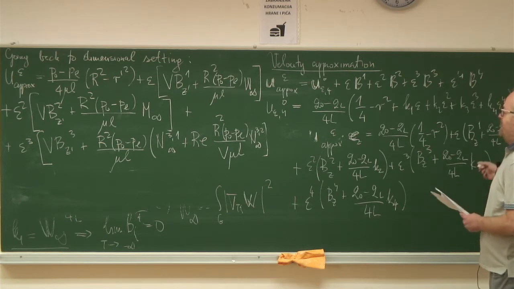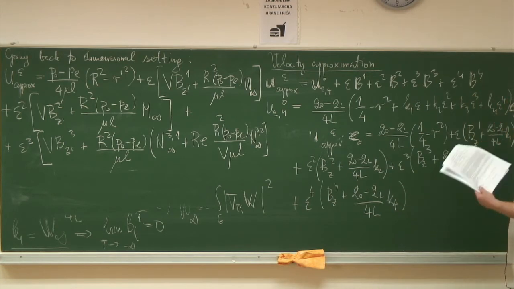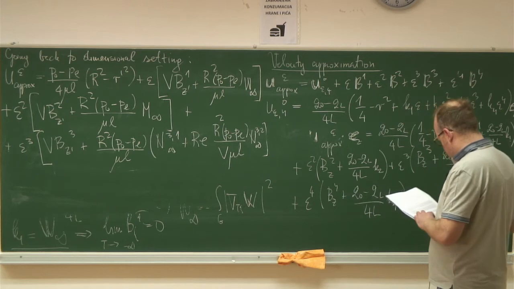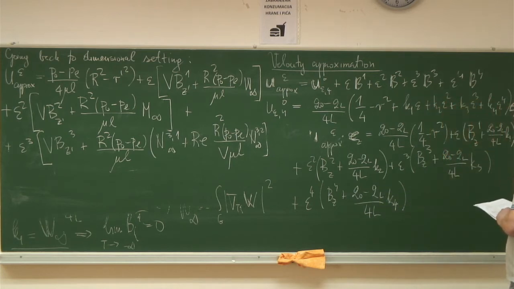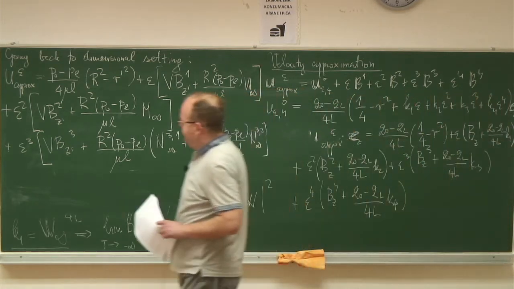This K3, this K2, as well as K1 are chosen in a way that boundary layer correctors exponentially decay towards zero.